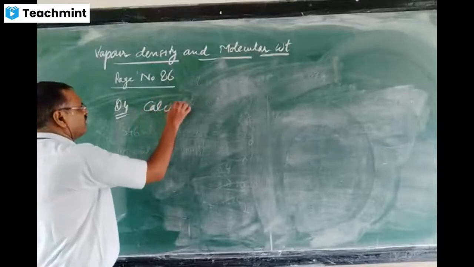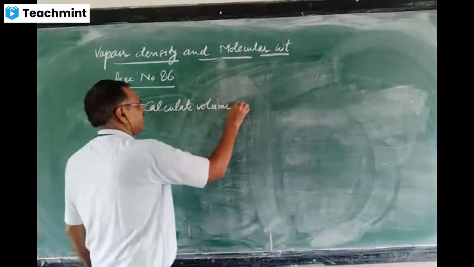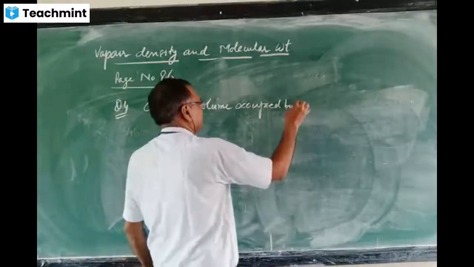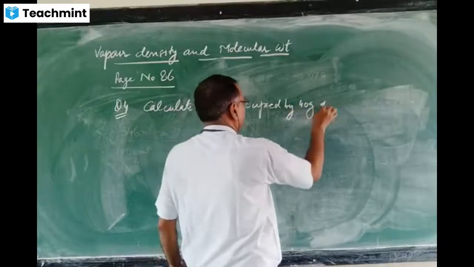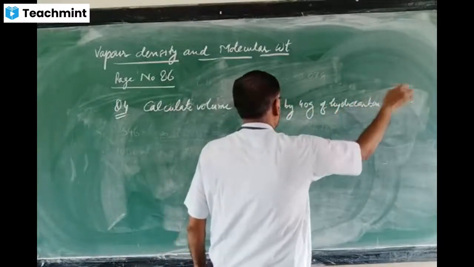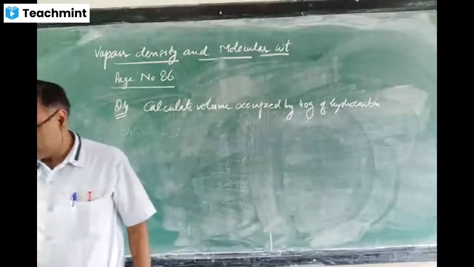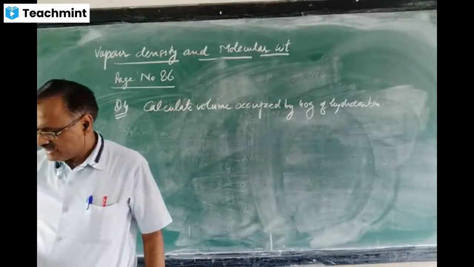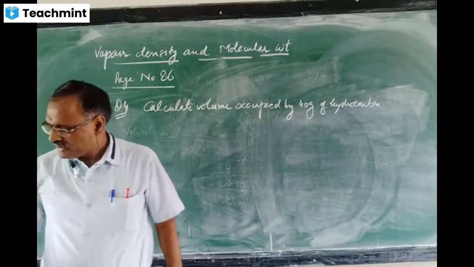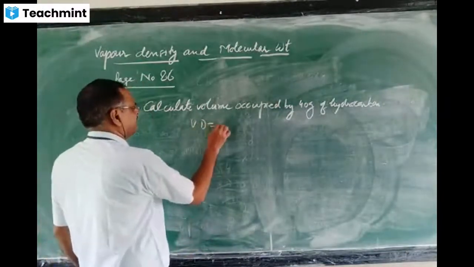Calculate the volume occupied by 40 gram of hydrocarbon. This is the problem. And what is given here? It is given that at STP, its vapor density is 8. So vapor density is given 8.